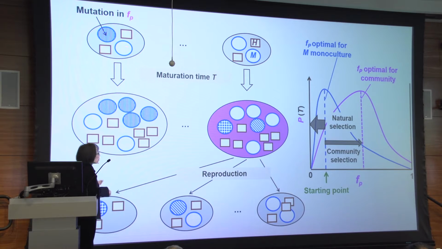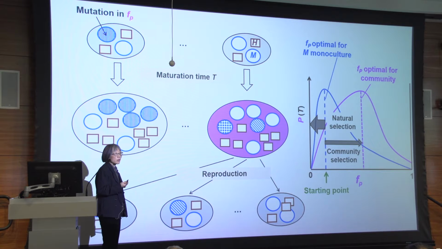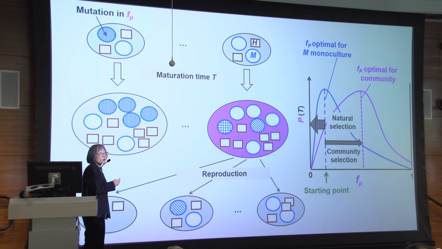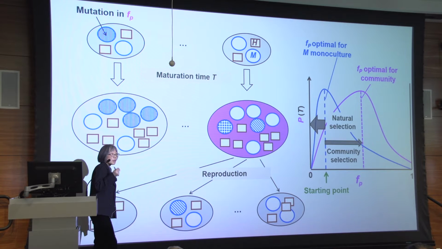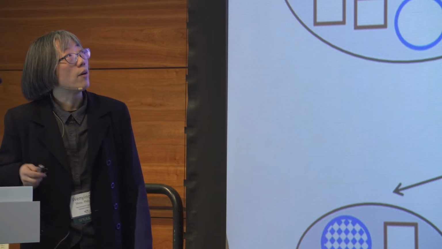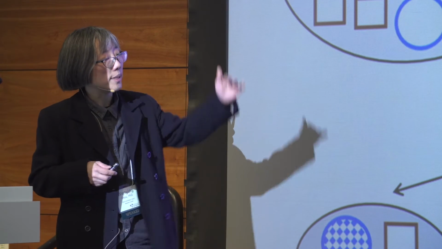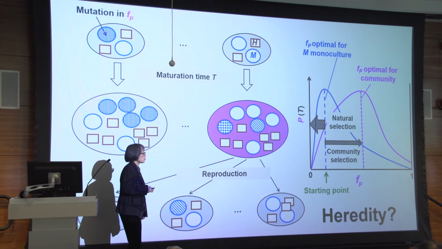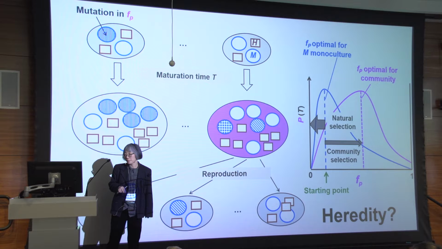Furthermore, as a newborn matures, the genotype frequency or species ratio could change very quickly, again, making the newborn of the next cycle very different from newborn from the first cycle. So this would interfere with heredity, which I define as a similarity of a newborn from one cycle to the next. So the question is that, is heredity sufficiently compromised such that community selection would fail?